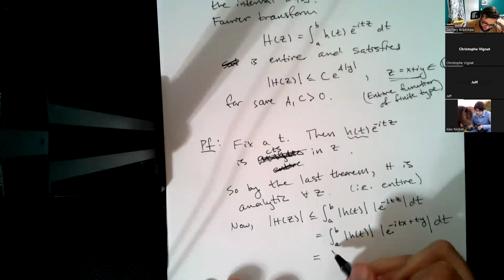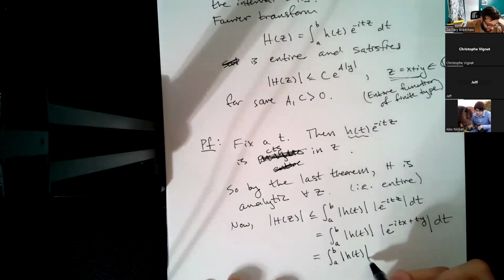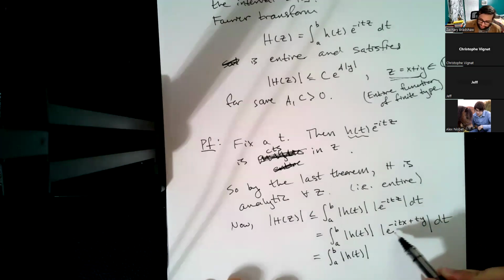And the modulus of the complex exponential is 1, so we're left with e to the t y.